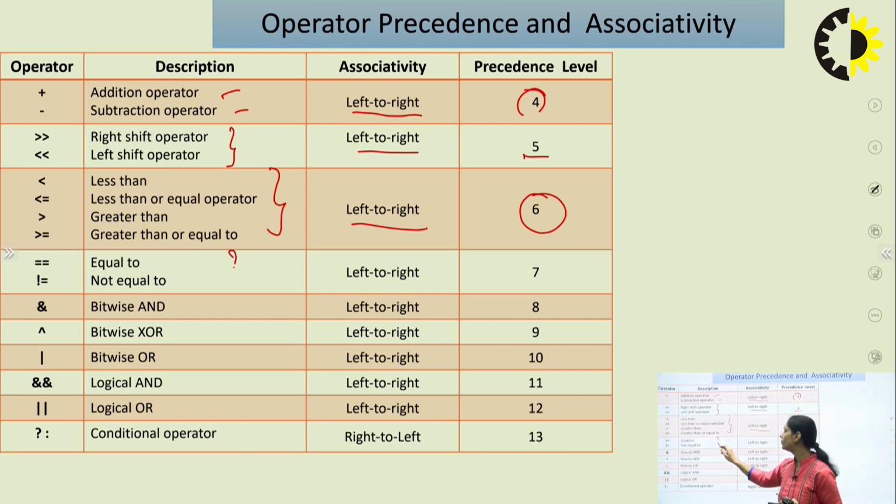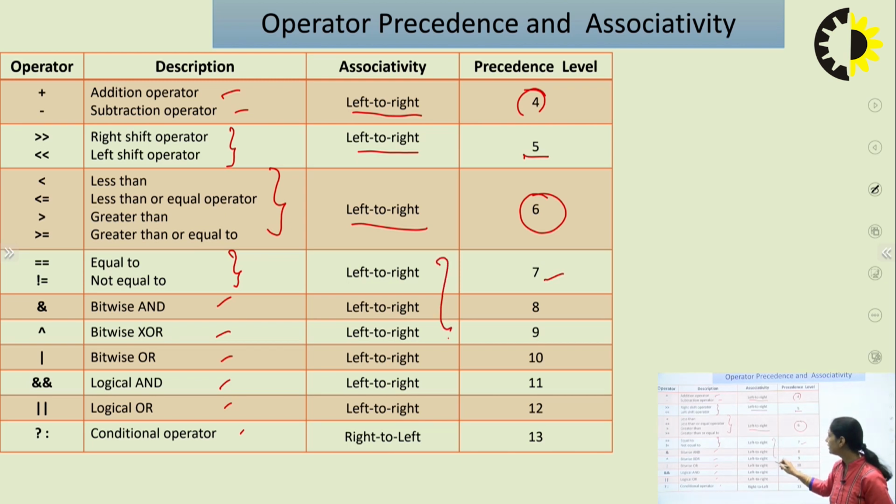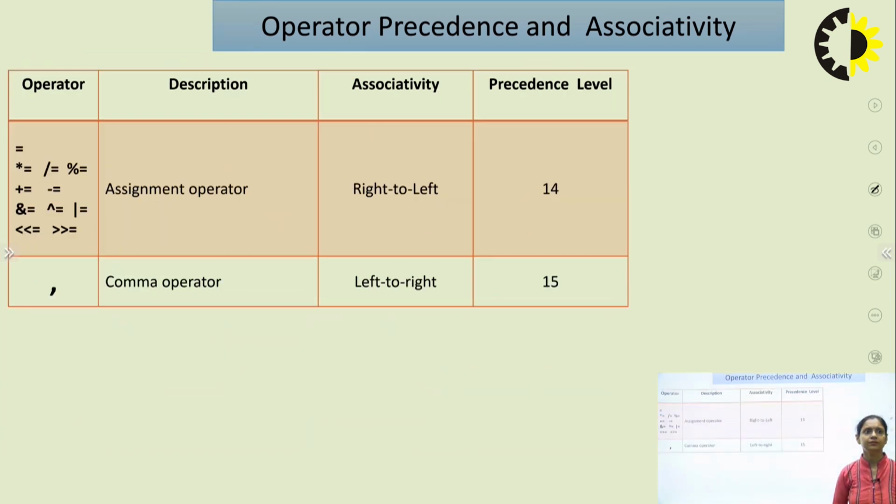Next comes the equal and the not equal operators at precedence level 7. Then we have the bitwise and, XOR, or, the logical and, or, and at the last we have the conditional operator. These operators are all evaluated left to right except the conditional operator, which is evaluated right to left. Then we have all the assignment operators.